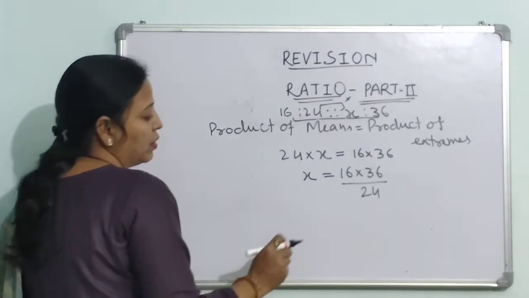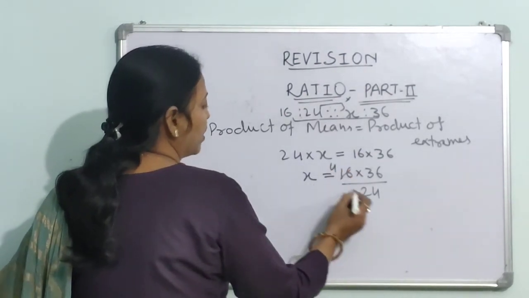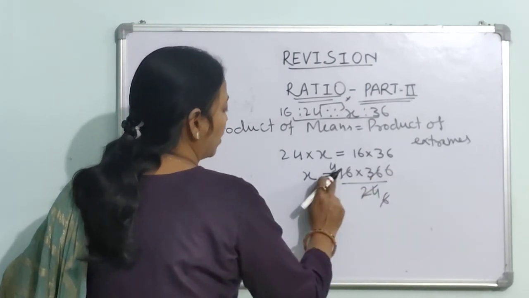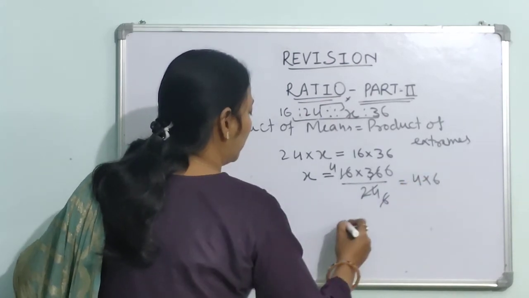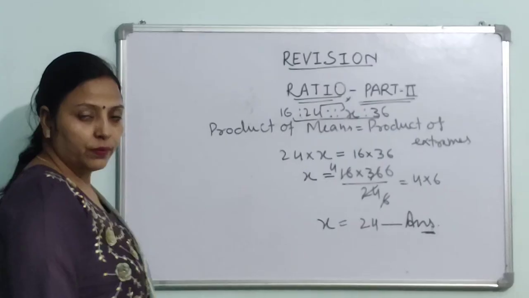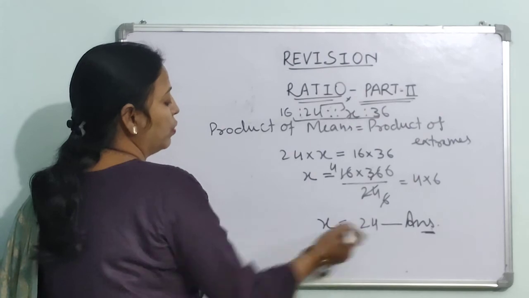Now simplify this. With 4 you can cut: 4 4s are 16, 4 6s are 24, and 6 6s are 36. Now 4 into 6 is 24. This is your answer: x is equal to 24.